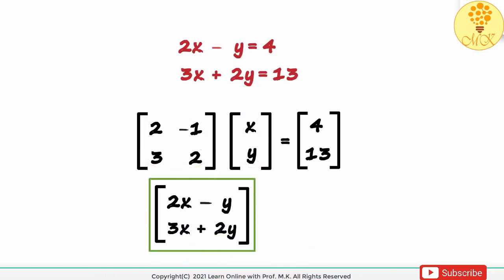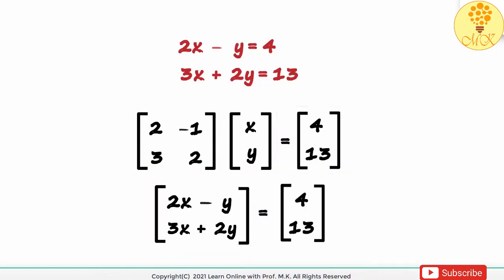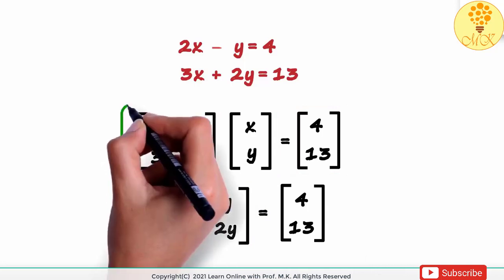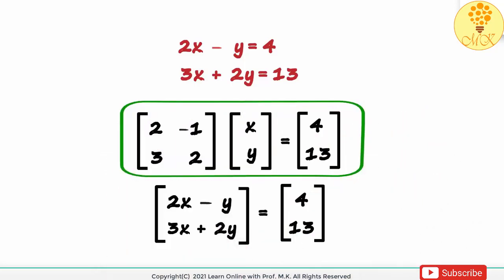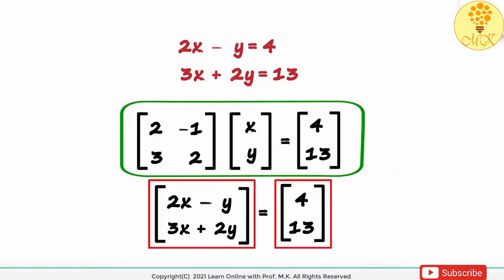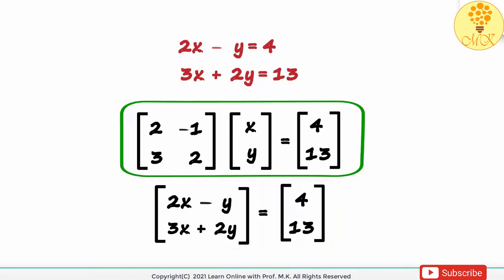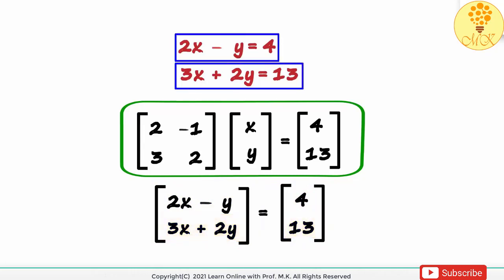This is the product of these two matrices. And this matrix will be written as is. Now you see why this is the matrix form of the system of equations. As these two matrices are equal, we can say that 2x minus y will equal 4 and 3x plus 2y will equal 13. Same as these two equations.